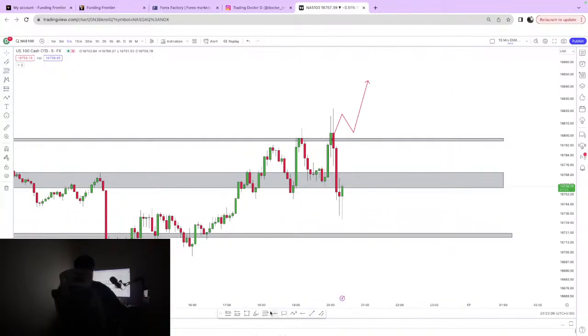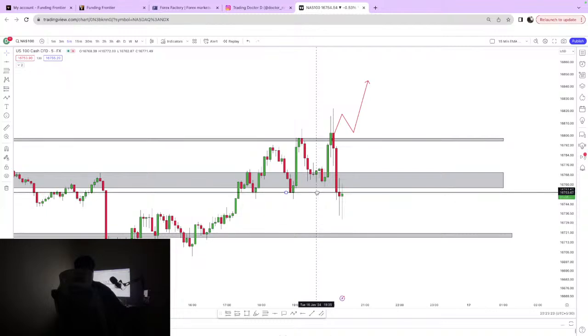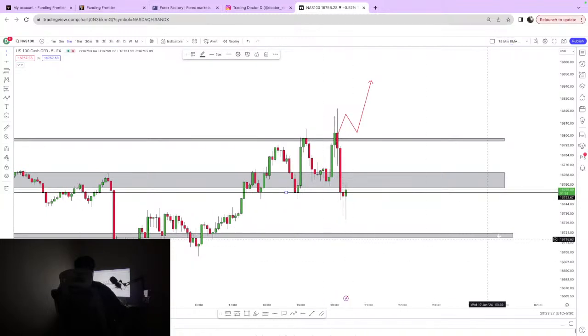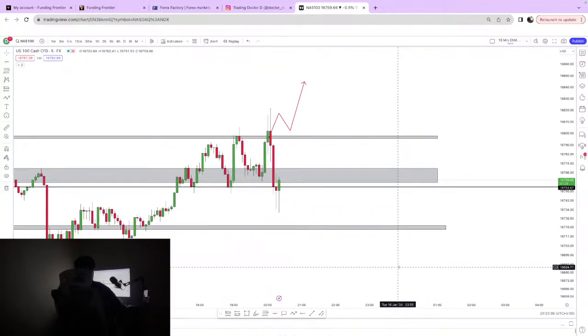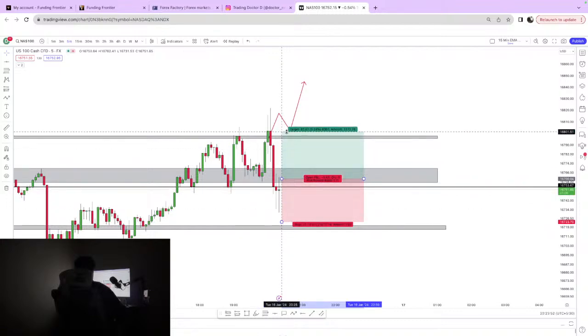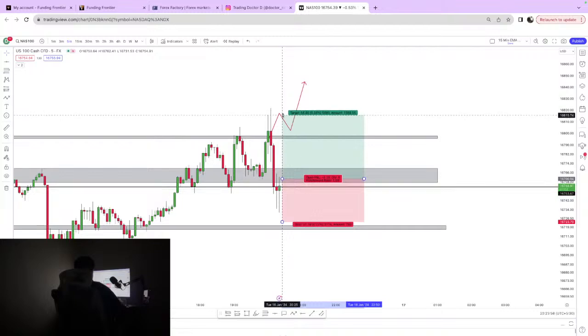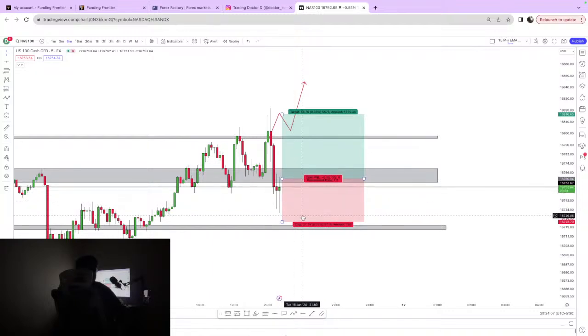Let me mark one line. So we'll open the position with a little less size as the stop loss is big, right?